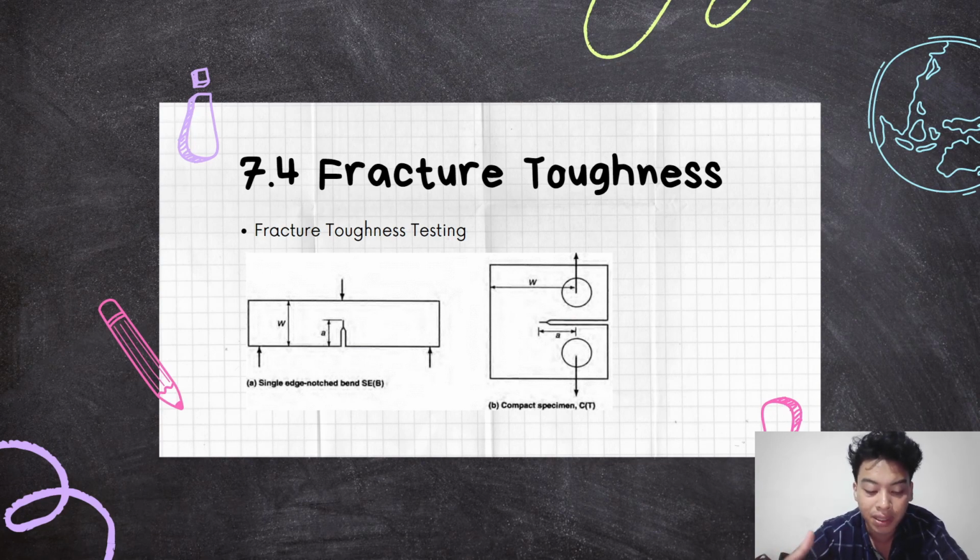Various tests have been developed to measure the fracture toughness of materials, and these tests are generally conducted on test specimens containing a sharp, pre-existing crack. Five different standard specimen geometries are specified in ASTM E399. Most fracture toughness tests are conducted with either the single-edge notch bend or the compact tension specimen.